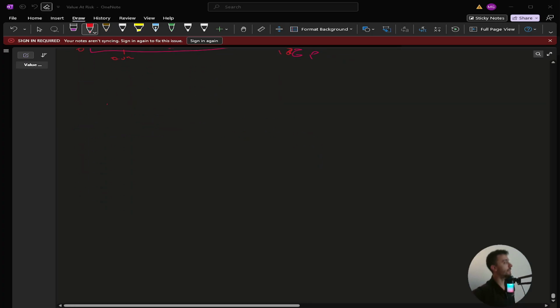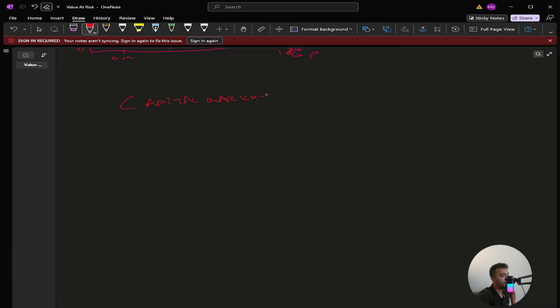So far in our analysis, we have only considered risky portfolios. The next step is to introduce the capital market line, the CML.